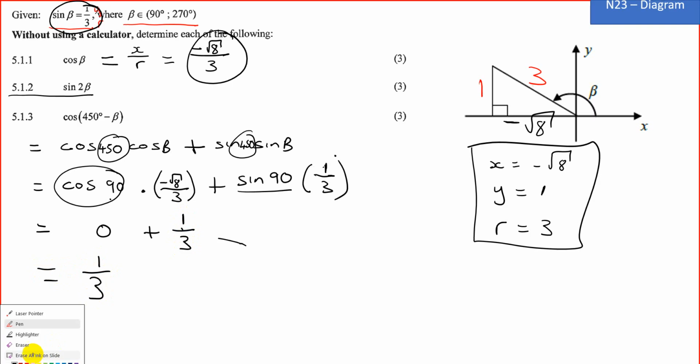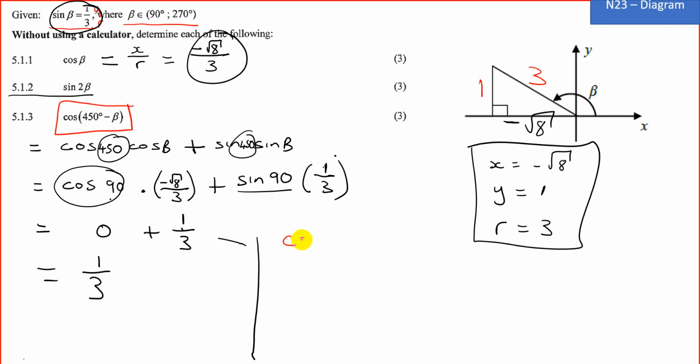You could, on the other hand, work this out in another way, which I just want to quickly talk about. Just want to change the color so you can see that. If we take the original question, cos of 450 minus beta, and if we immediately subtract the 360 from the 450, that will give us 90.